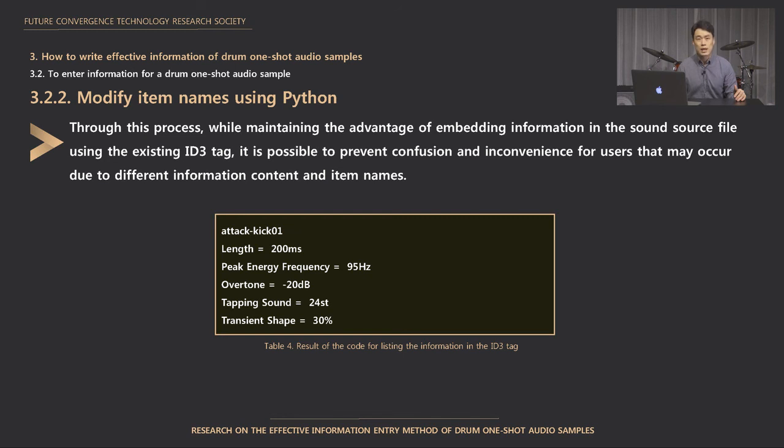Through this process, while maintaining the advantage of embedding information in the sound source file using the existing ID3 tag, it is possible to prevent confusion and inconvenience for users that may occur due to different information content and item names.